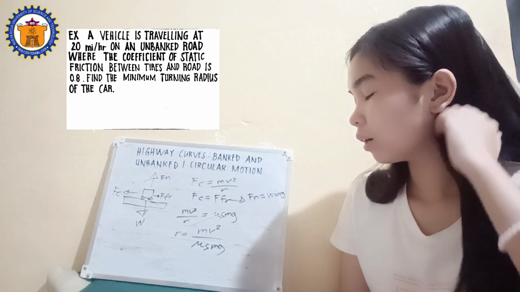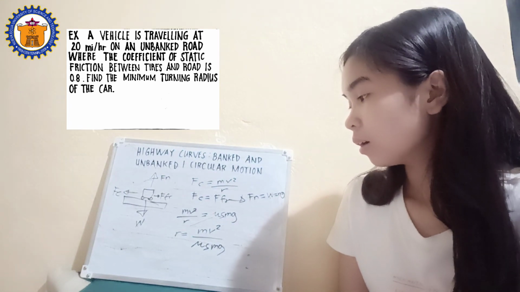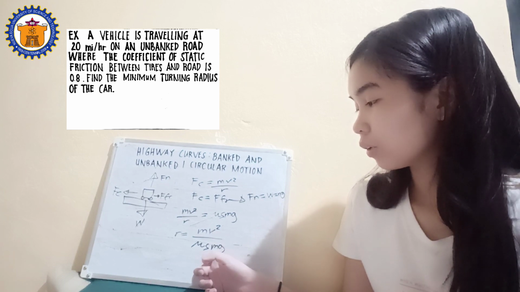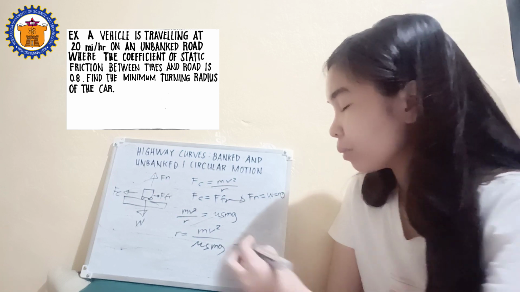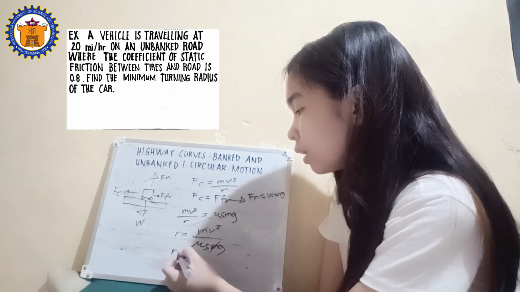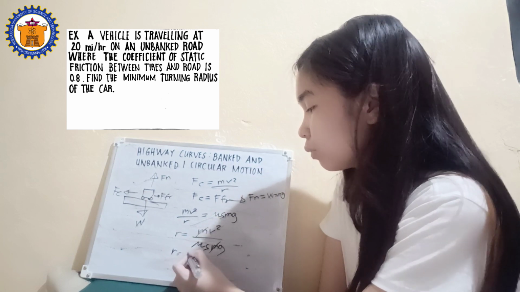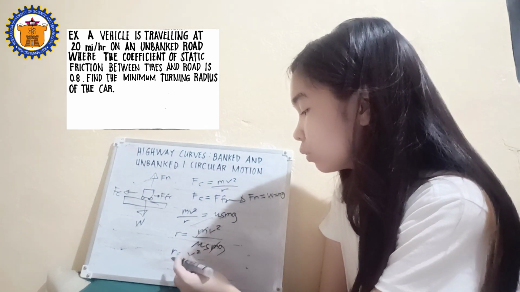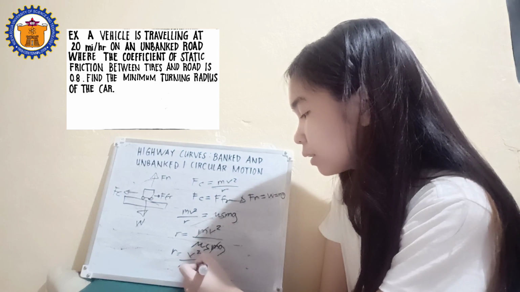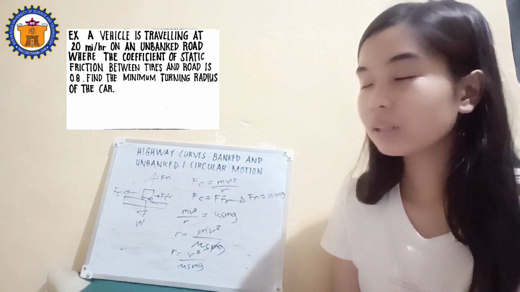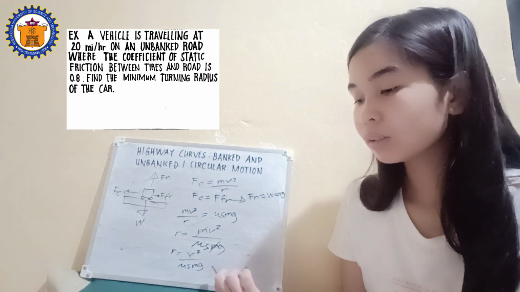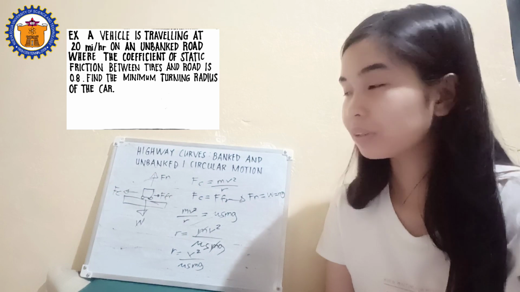Here is our equation, but we can still cancel the mass here and the mass here. So, what remains is radius is equal to velocity squared over coefficient of static friction times gravity. This is what we will use to get the minimum turning radius of the car.